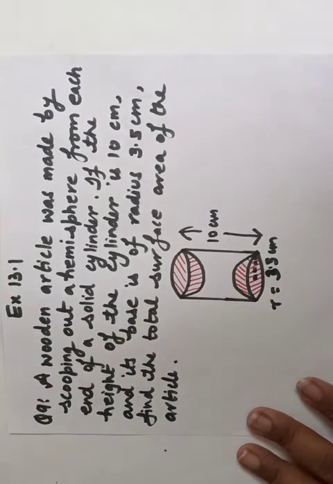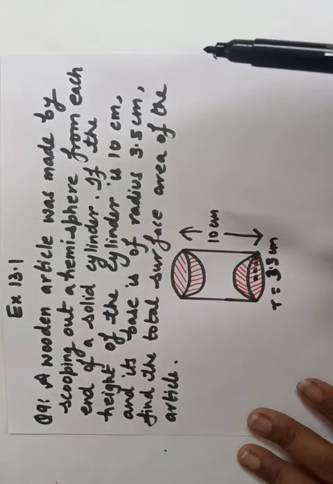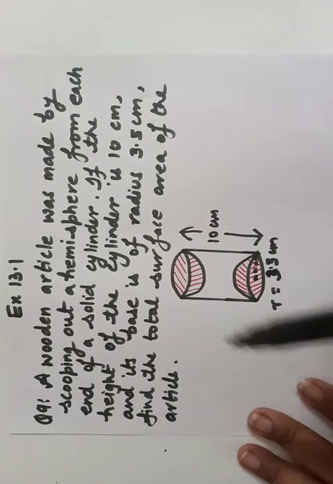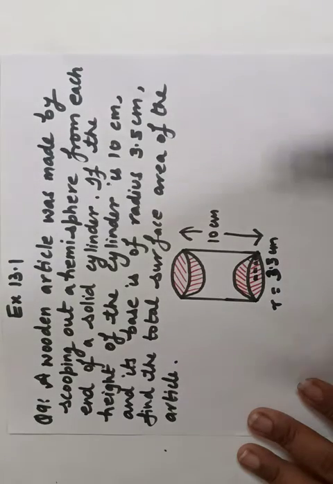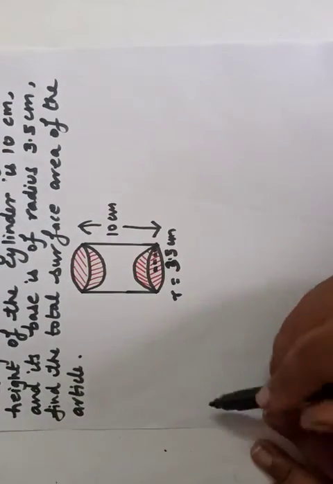Now after taking out the hemispheres, we can see there are so many surfaces. There is the curved surface area of the cylinder, and from above we can see the hemisphere surface, and from below we can see the hemisphere surface. So we will write the equation for this.